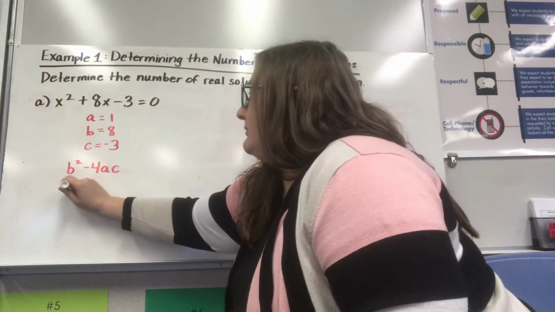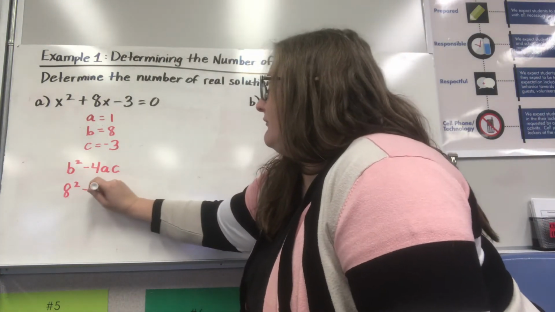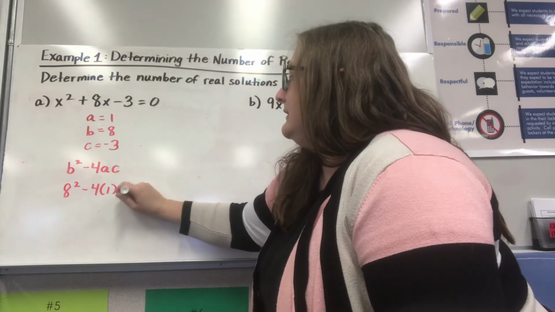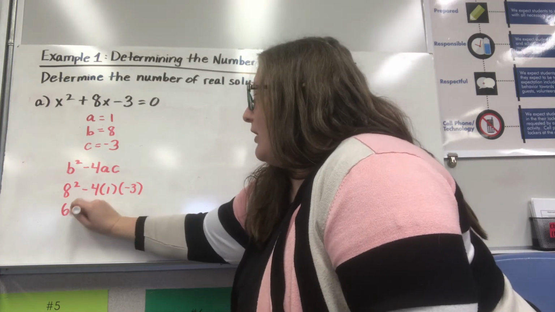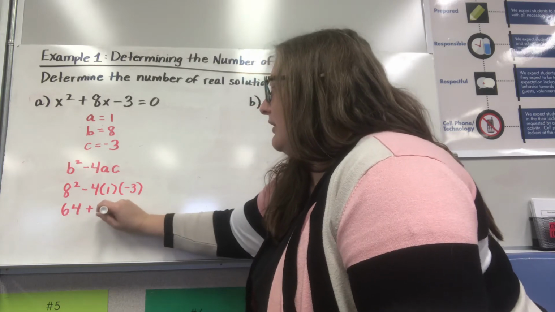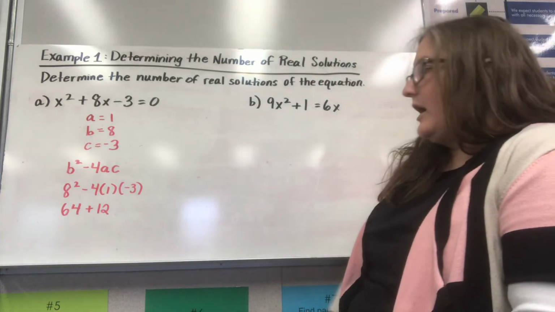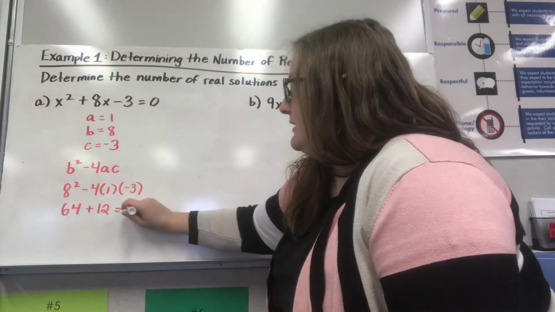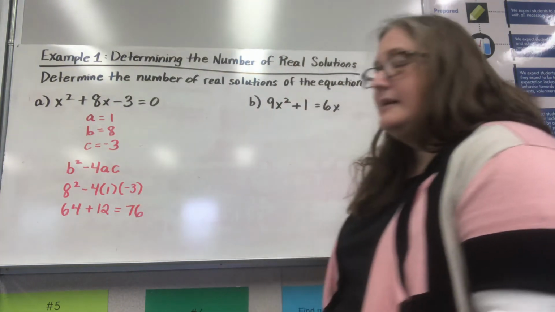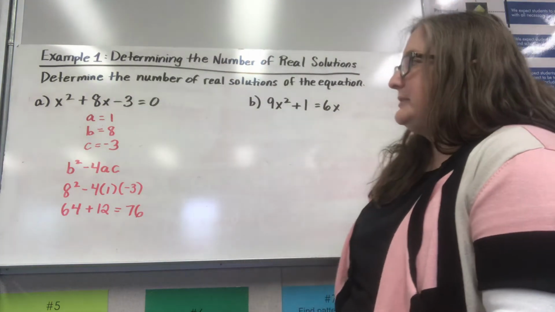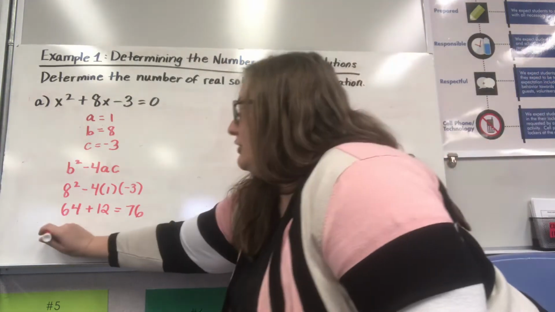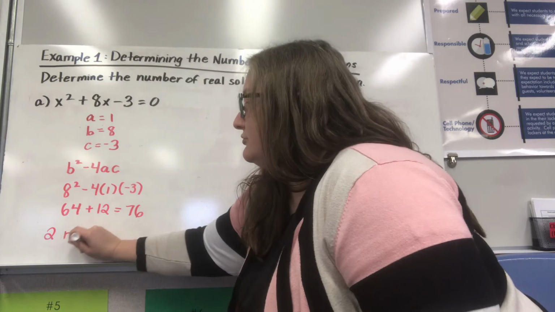So we're basically doing 8 squared minus 4 times 1 times -3, which gives us 64 plus 12. So our final answer here is going to be 76. Since 76 is greater than 0, this particular quadratic will have two real solutions.